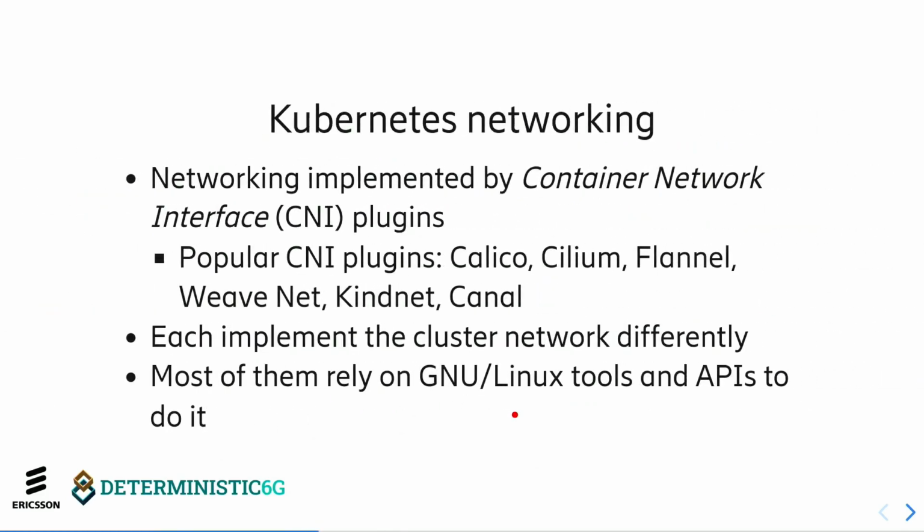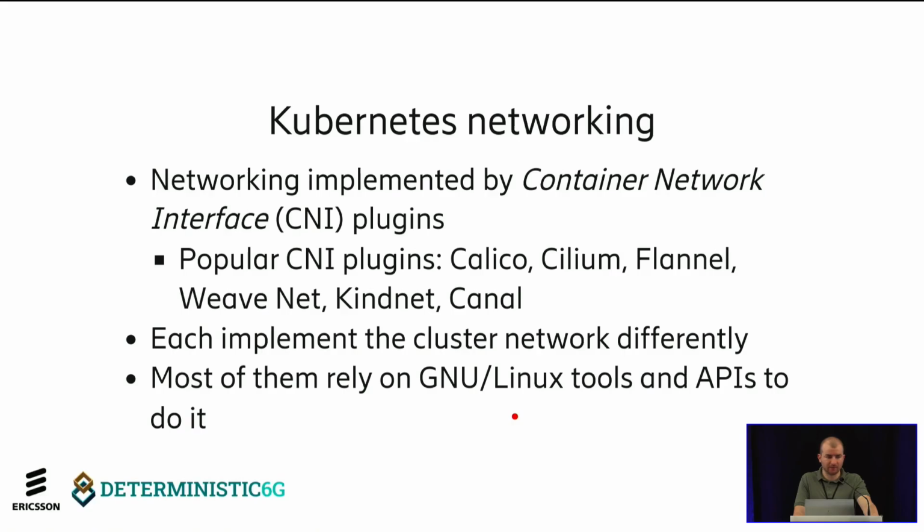And now let's continue with Kubernetes networking. Kubernetes offloads the network configuration to CNI plugins like Calico, Cilium, Flannel, Weave, and similar plugins. These plugins do the heavy lifting. They configure the virtual interfaces, the routing between them, switching between them, firewall rules, and these kinds of stuff.